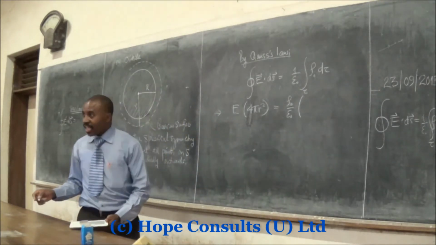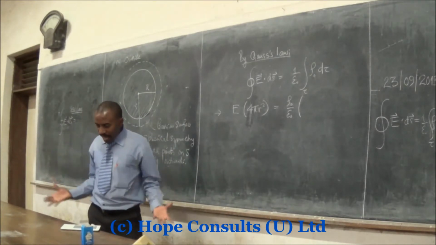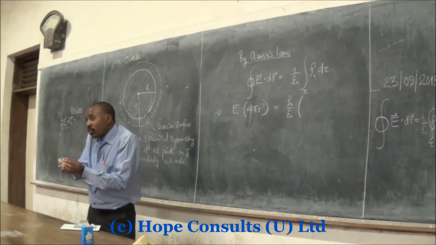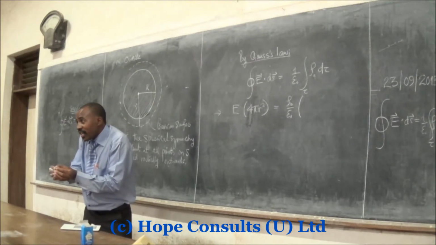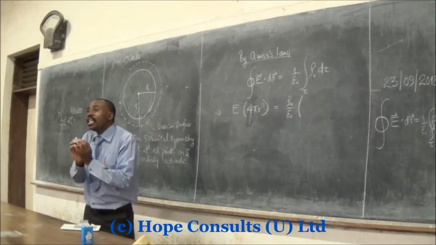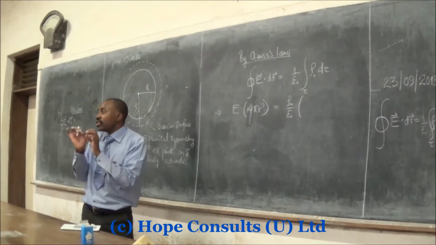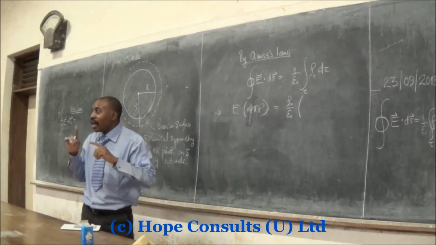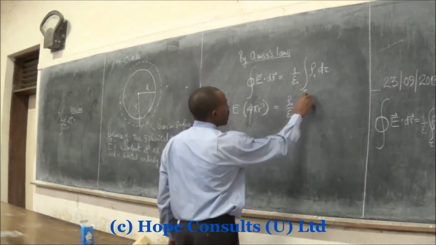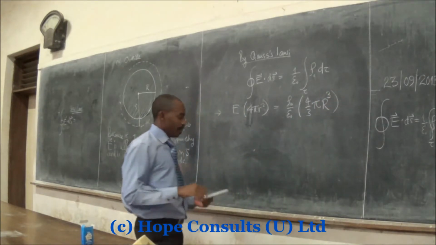Because yes, you have a surface as big as small r, but the only thing that is contributing to the charge and giving you the electric field that you are talking about is only the charges which are in your distribution, which are contained in your tumor. So I can only go as far as the radius of the tumor, and that's why I get 4/3 pi capital R cubed.